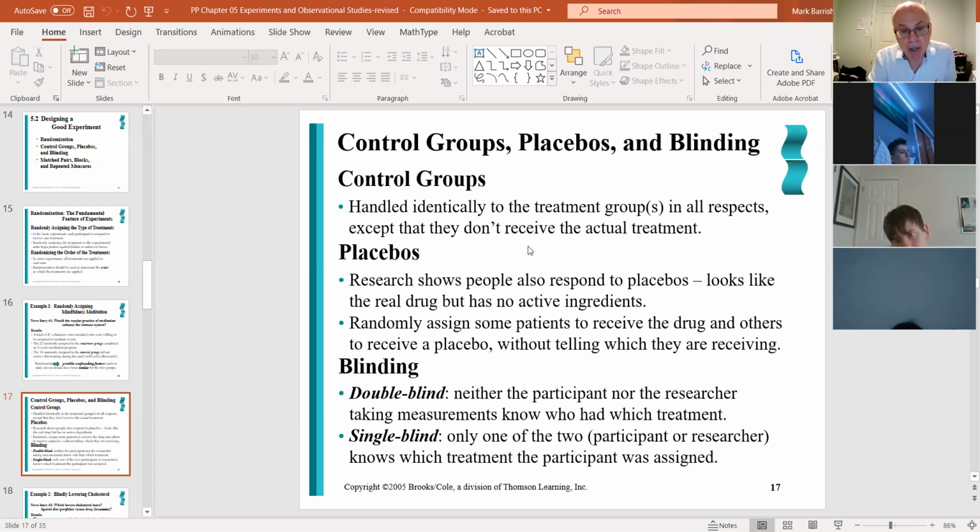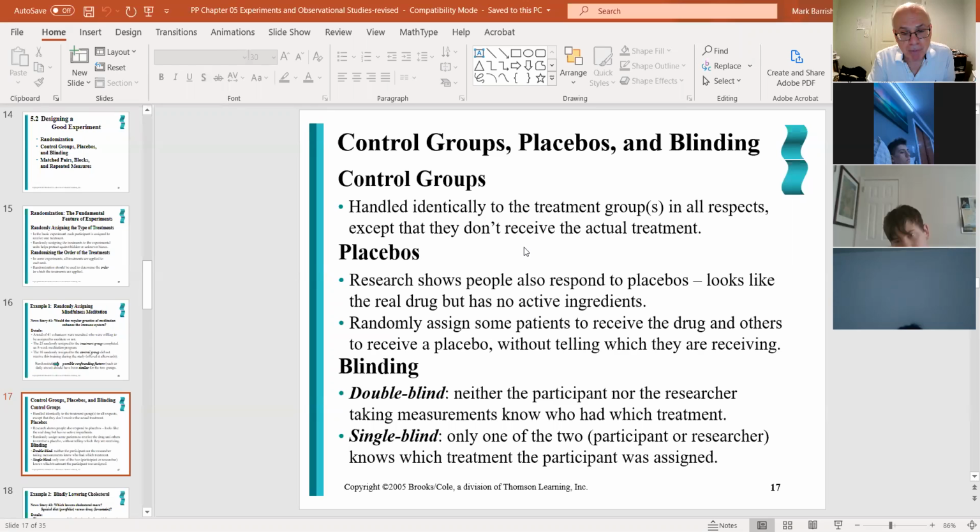Now you may ask, who's the person who does know whether a person is receiving the drug or not? The answer is the researcher. The researcher hires somebody to administer the placebo and the drugs. The researcher knows who gets what, but the person administering doesn't know which one is being given.